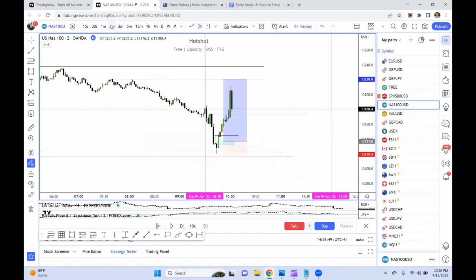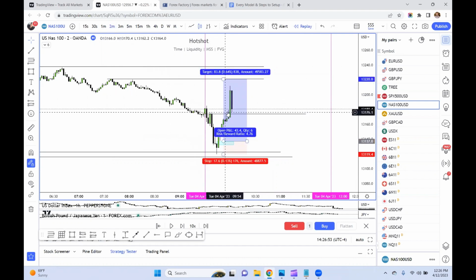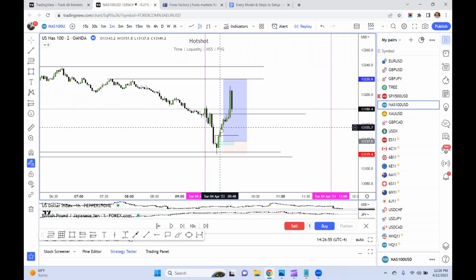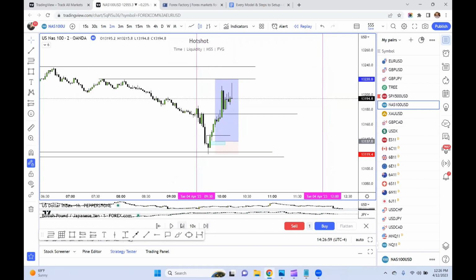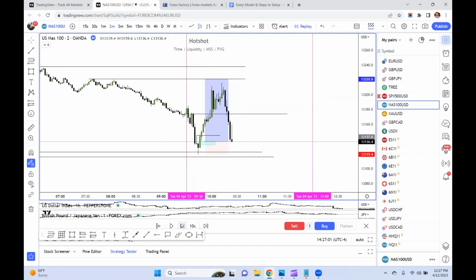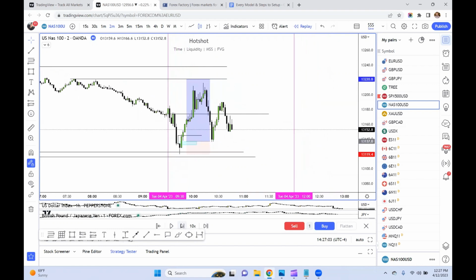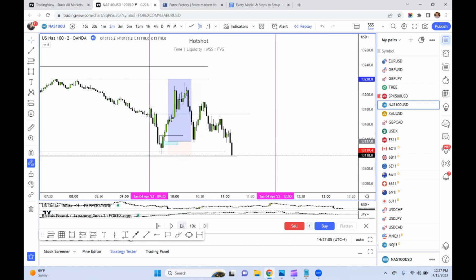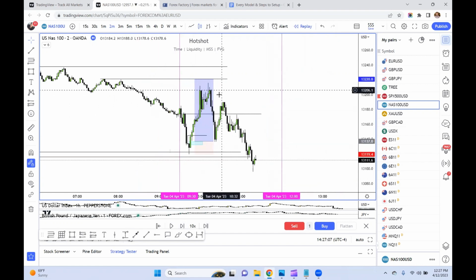If you look though, let's see, 2-minute market structure shift point was right here. It shifted, and there's a fair value gap right here within it. To see if it would have came back down to tap that. Oh, tapped it, but it would have stopped us out too.